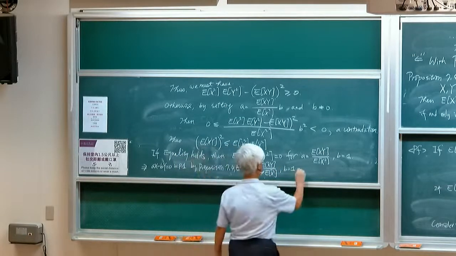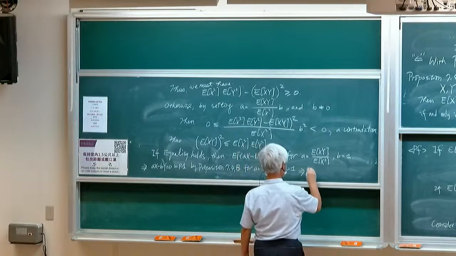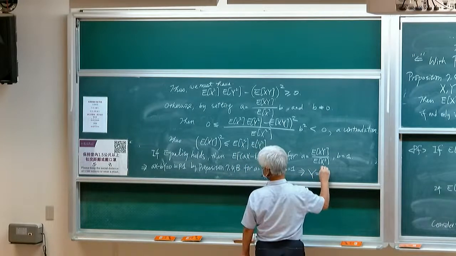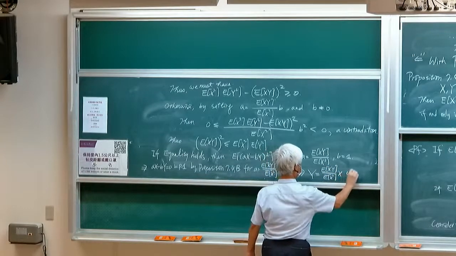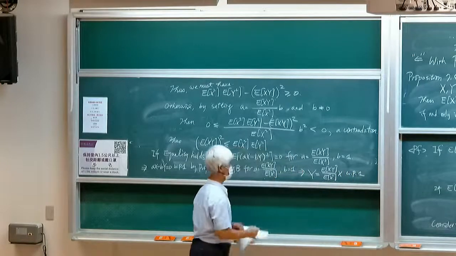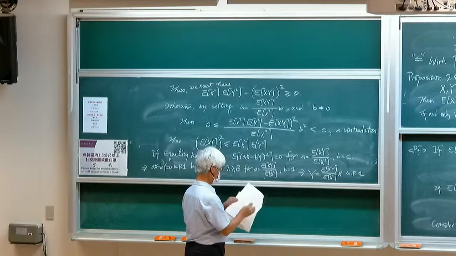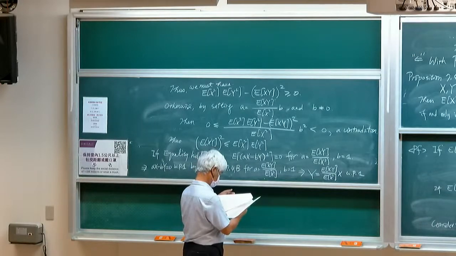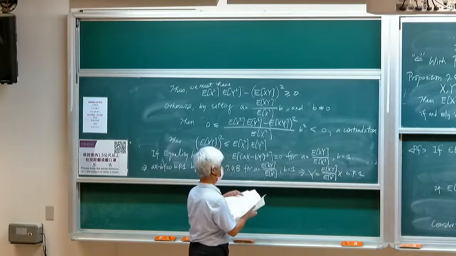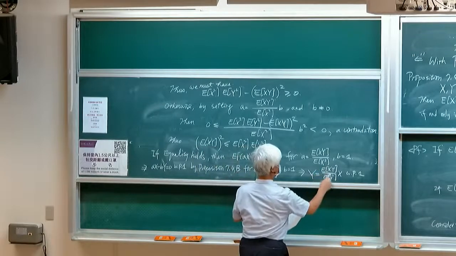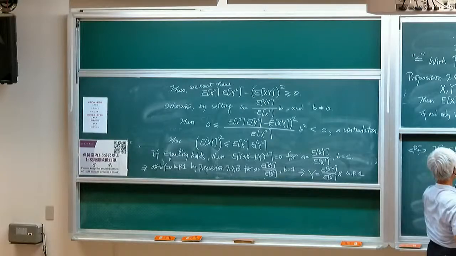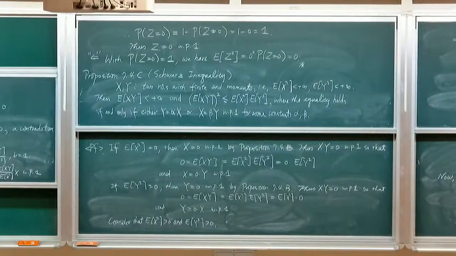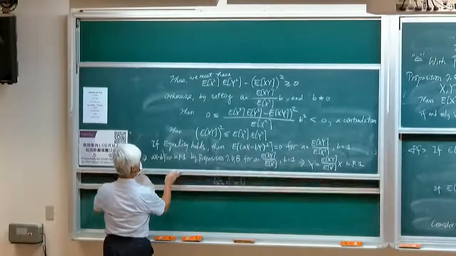Okay, so this implies that y equal to, okay, so we find this is beta, right? Oh, alpha. Okay, so y equal to alpha x. Yep. In this case, okay.